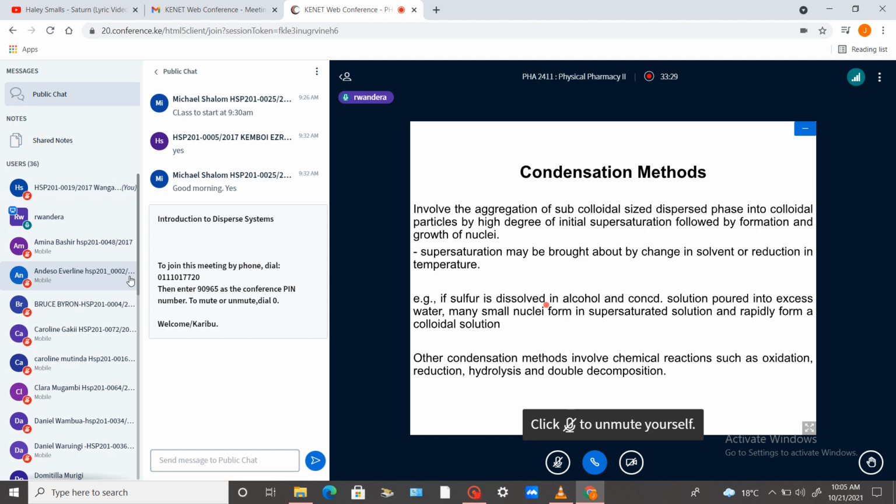Now, we also have other condensation methods that involve chemical reactions, such as oxidation, reduction, and double decomposition.